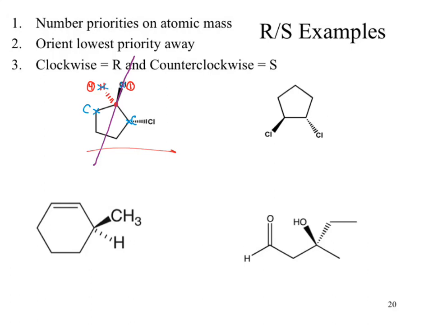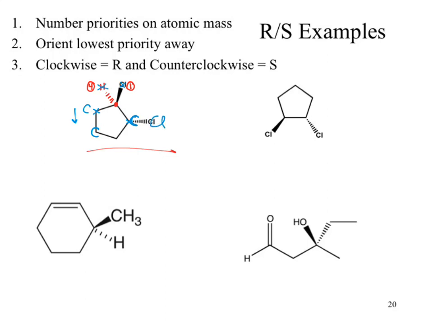So now we can go back and say, okay, which of those carbons has higher priority? Well, again, carbon, no difference. So what we'll do is we'll advance from that carbon to the next highest priority atom. Okay? From our leftmost carbon, what's our next highest priority atom? It's a carbon. From our other carbon, what's our next highest priority atom?